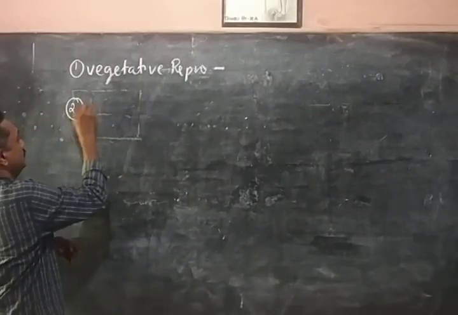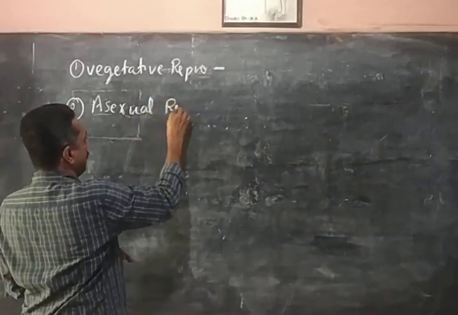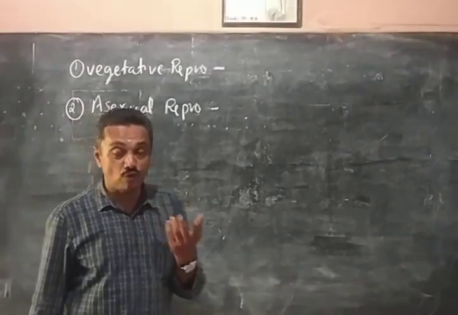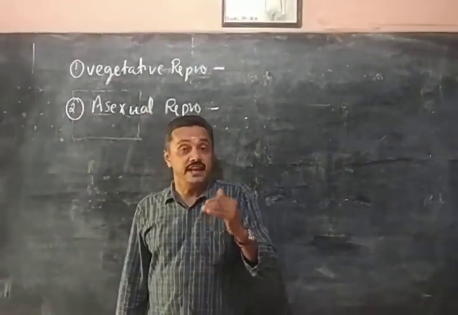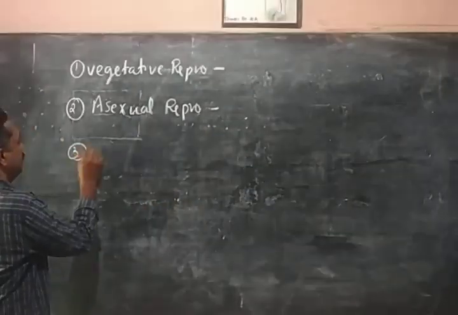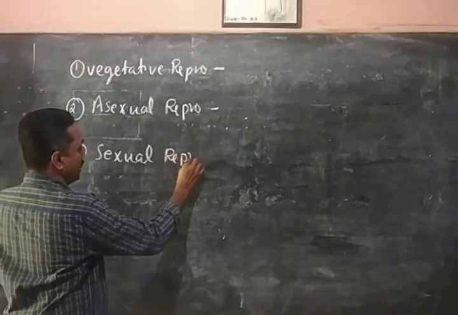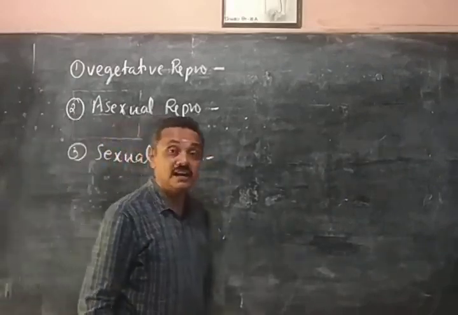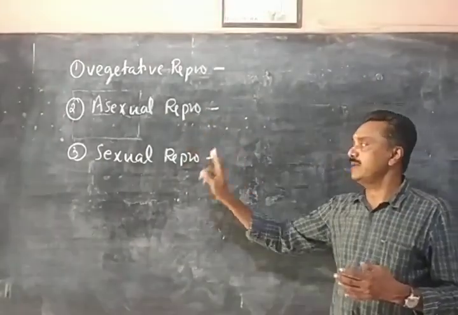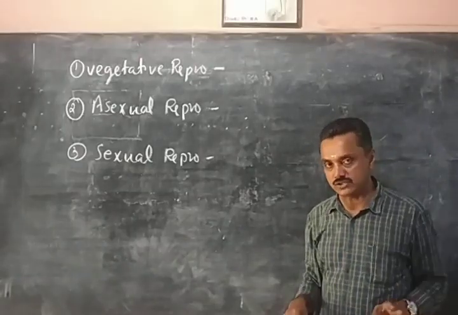Second, asexual reproduction, because there are more than 30,000 to 40,000 species of fungus, and they reproduce by various methods. And third, sexual reproduction. So what are the methods? Vegetative, asexual and sexual. Three types of reproduction in fungus.